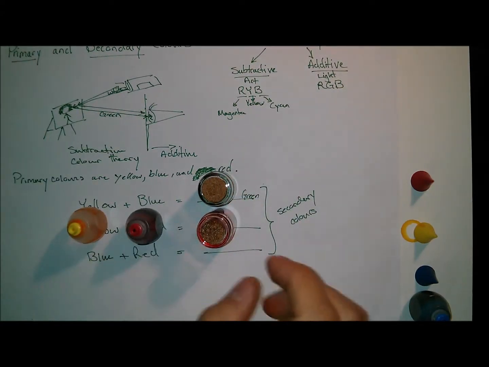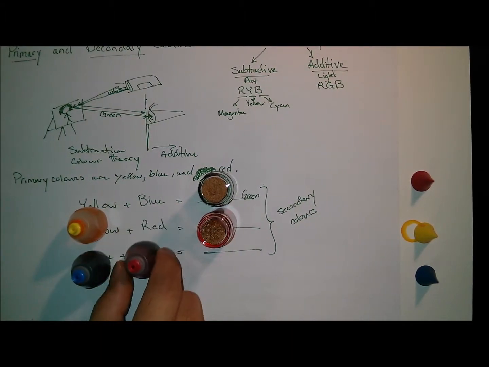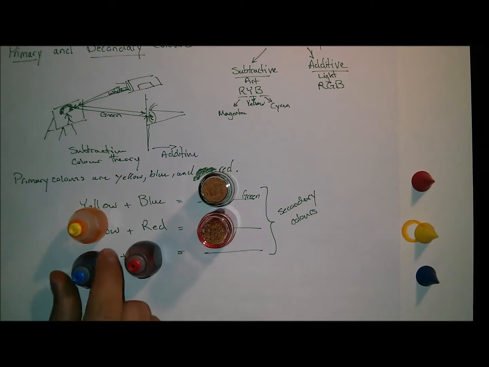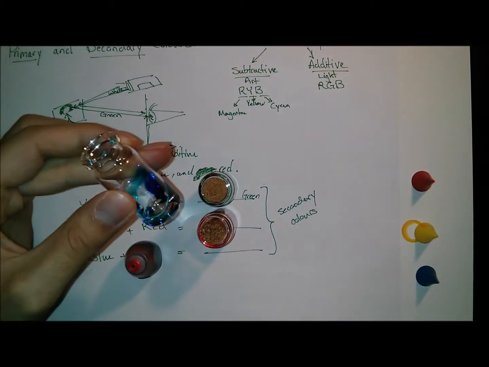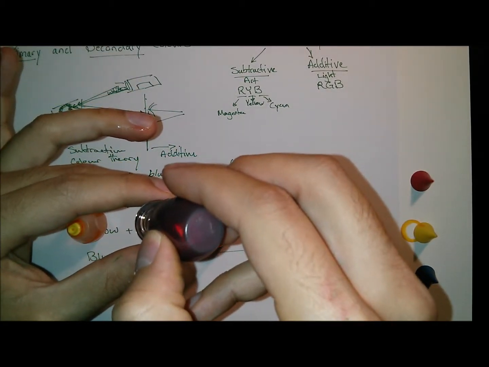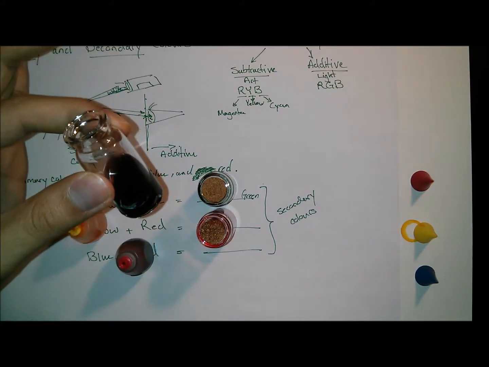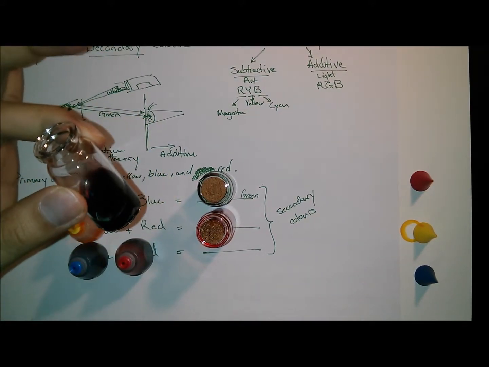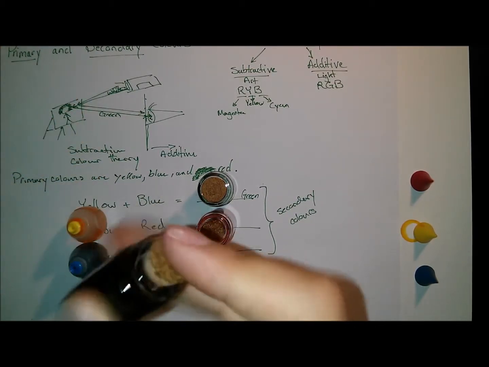Now the third combination is blue and red. Let's add 1 droplet of blue and 1 droplet of red. Let's put the cork back on again. Give it a small shake.